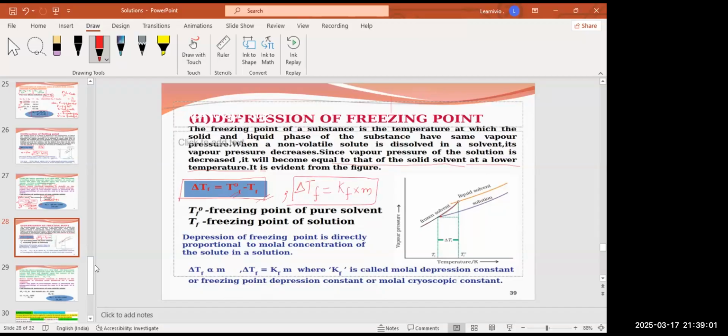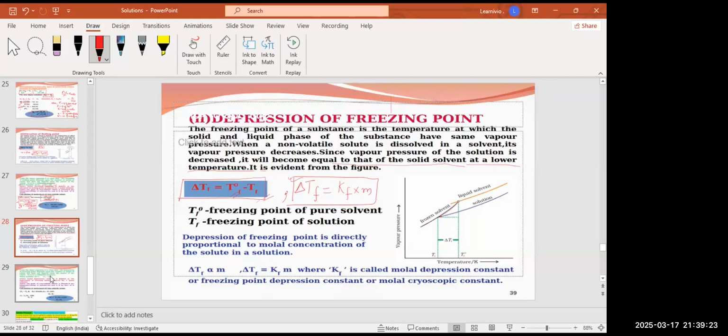Remember this formula also. Here, delta TF is the depression in freezing point. What is KF here? KF is the molar depression constant, and m is again the molality. So you can find the depression in freezing point using this formula also.